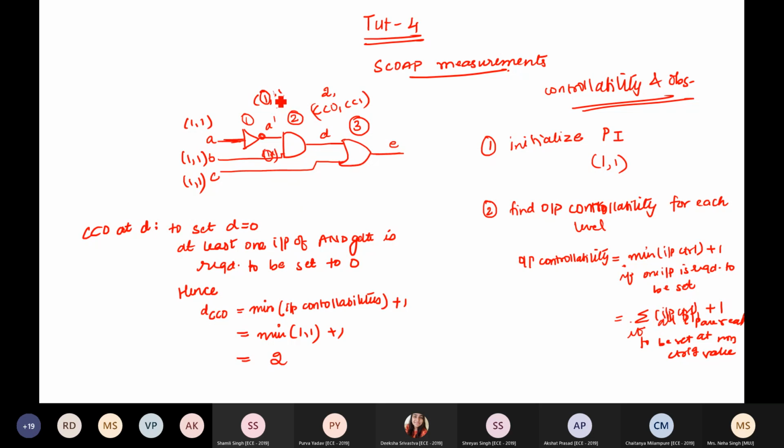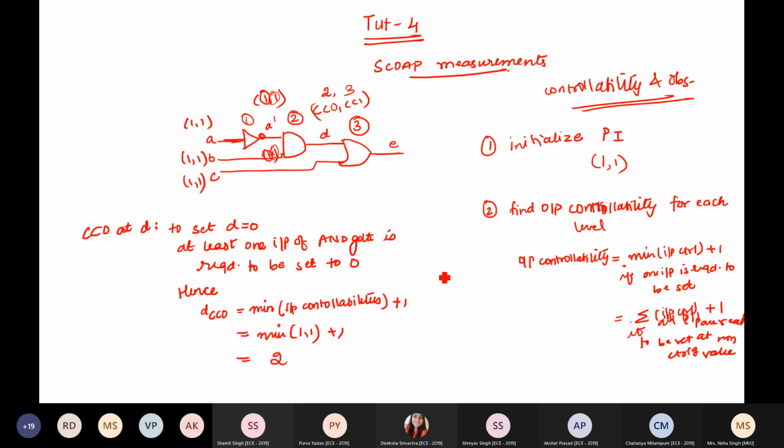Sum of input controllabilities to be set equal to 1 is this 1 plus 1 and plus 1 for the next level. So this gives me 3. So the controllability is given as 3 for wire D. Is it clear? Similarly, you will proceed for level 3 as well. Right?